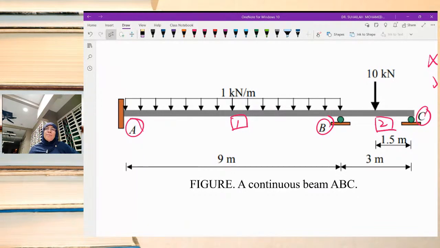And for BC, the 10 kilonewton point load is subjected also not at nodes but at the center. At the center means on the member. So it must be distributed to B and to C equivalently.